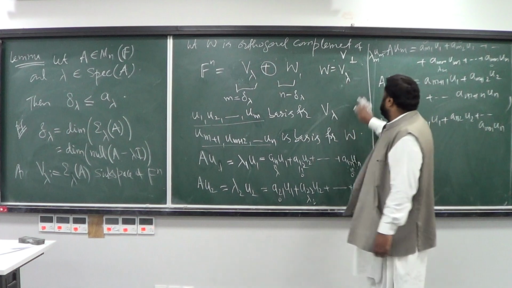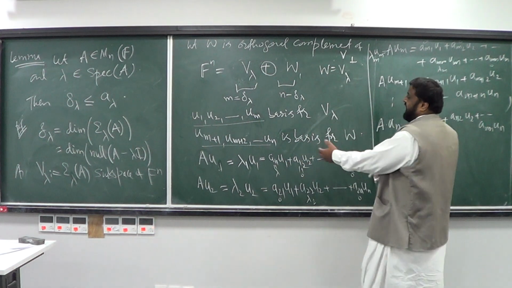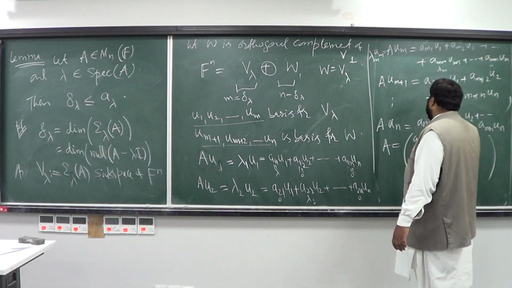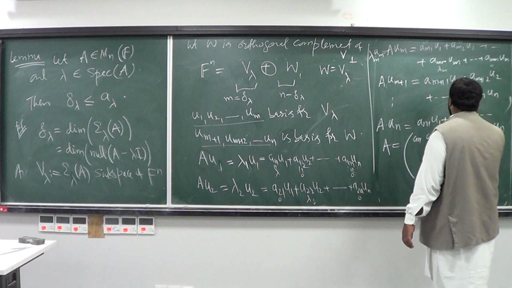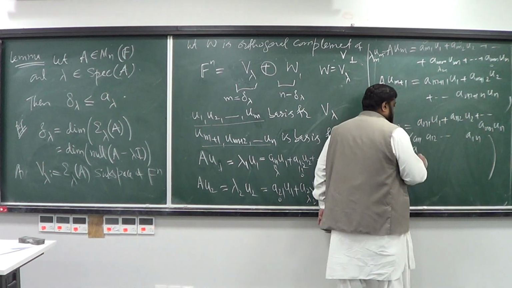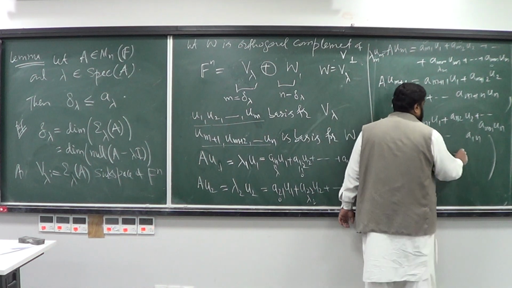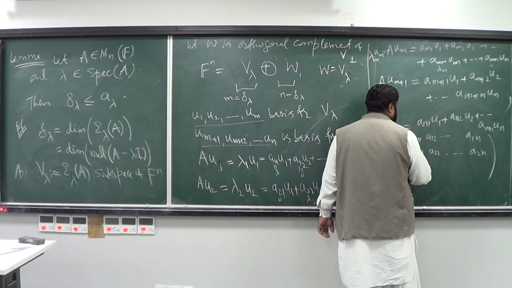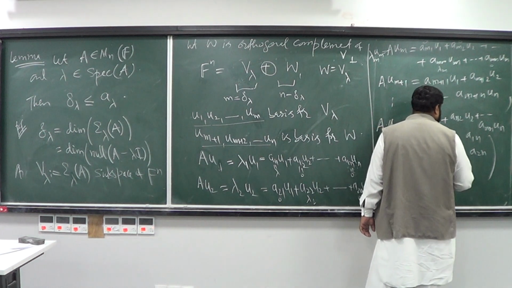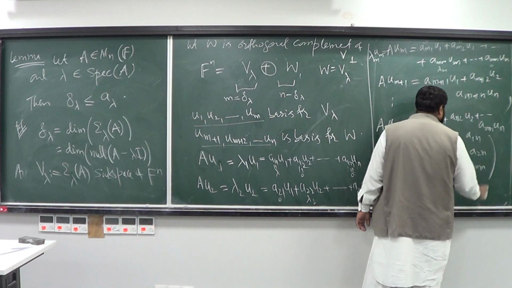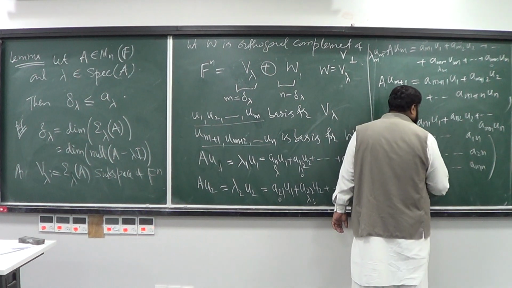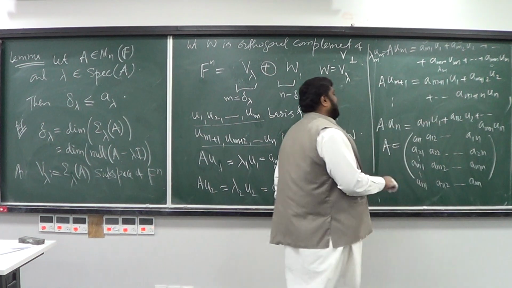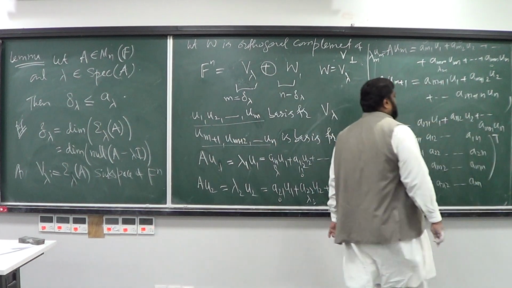Now, if you compare these coefficients with the entries in A, if you put together all these coefficients, in other words a_11, a_12 up to a_1n, and a_21, a_22 up to a_2n, and a_m1, a_m2 up to a_mn, and so on and so forth, a_n1, a_n2 up to a_nn, if you write it in this manner, you can write this as a transpose.